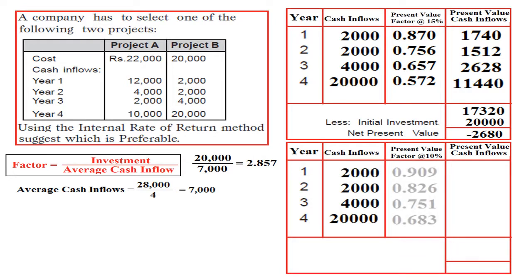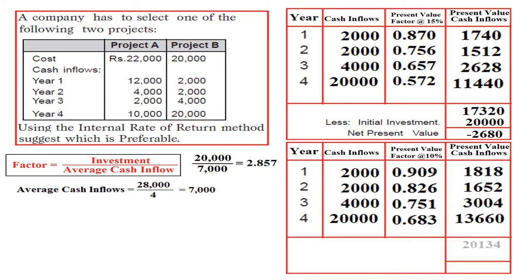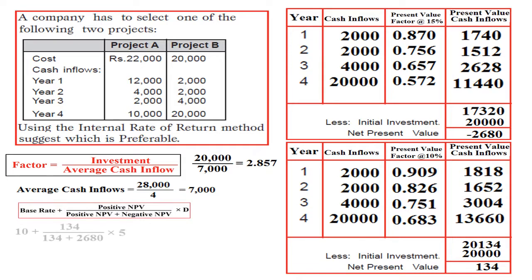So here cash inflows, present value factor at 10%, then present value of cash inflows multiplied with the present value factor, summation, present value of cash inflows minus investment 20,000. So we got a positive NPV of 134. So at 10% positive, at 15% negative. Once we got these two, apply the formula.